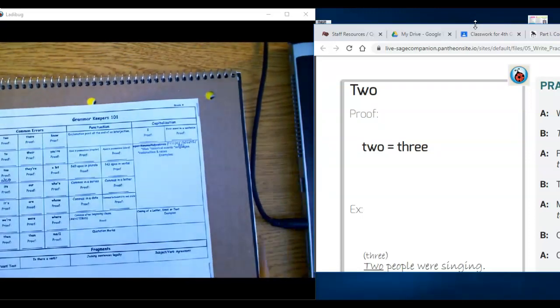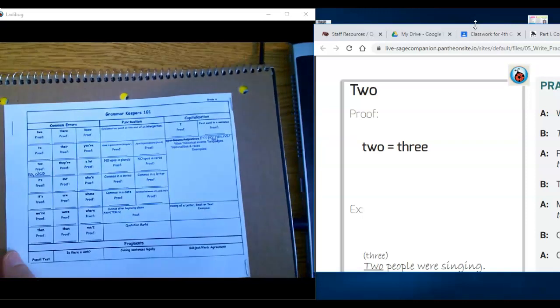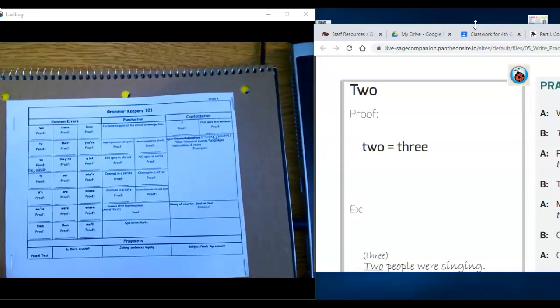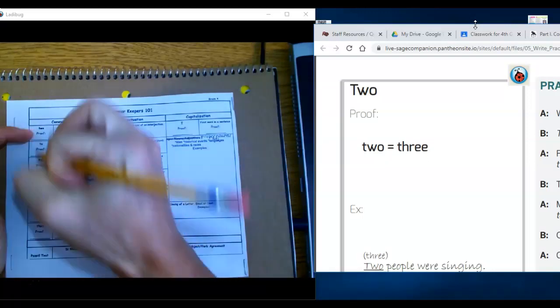We can fill that in when you come back to class. No worries, because we're going to put it in the grammar notes of our notebook. So today's word was T-W-O, to. If you will look on your Grammar Keepers 101 tracker, to, T-W-O, is the very first one under common errors. So on that line, for our proof, we are going to write the word three.